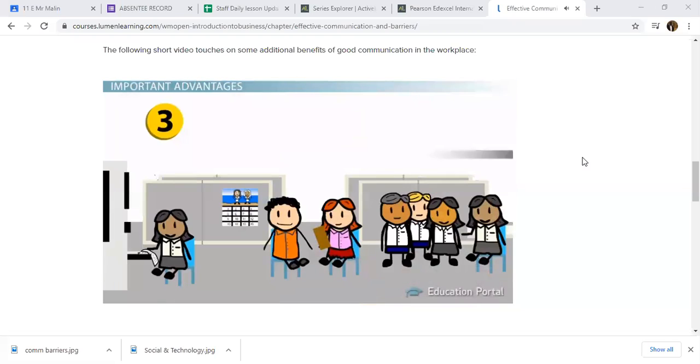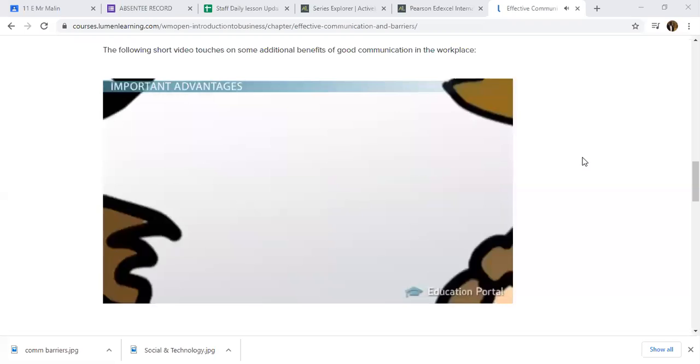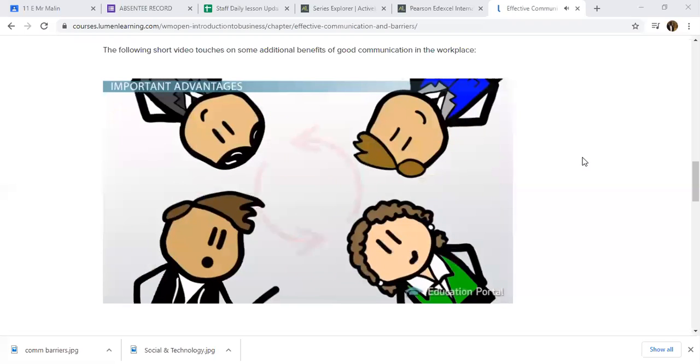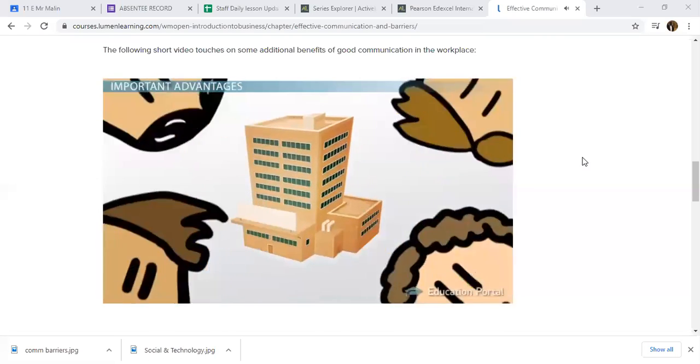Number three, workplace communication can also have a positive effect on absenteeism and turnover rates. Communication flow is very important to workers. Employees have to feel secure that they are receiving truthful and updated information from superiors. They also want to have the ability to share ideas, thoughts, and concerns within the company.